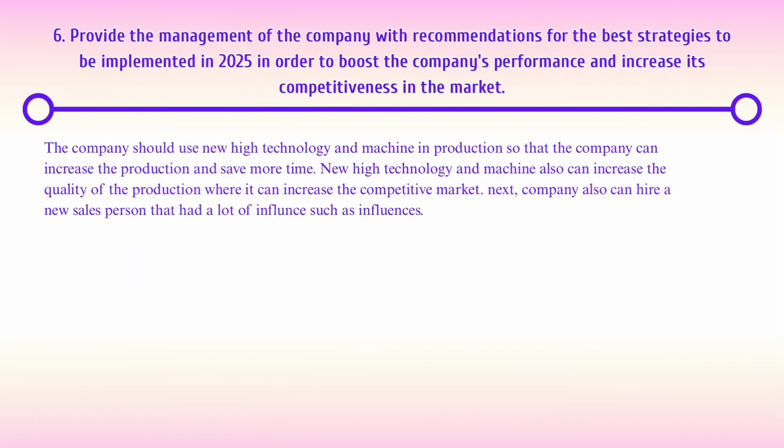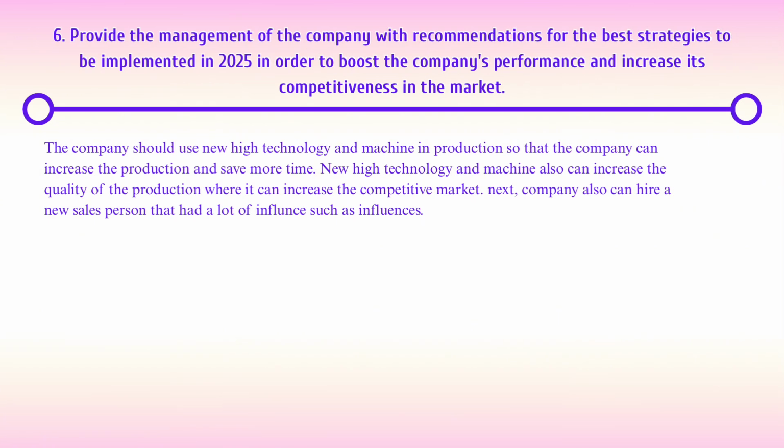For number 6, to improve the company performance and competitiveness in 2025, the company should focus on several key strategies. First, the company should invest in new high technology and modern machines in the production process.